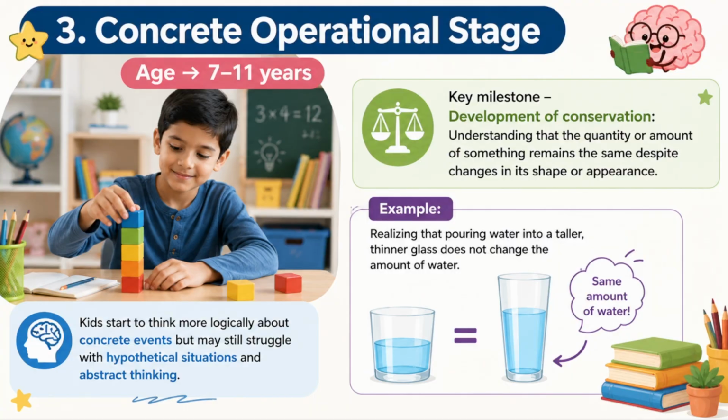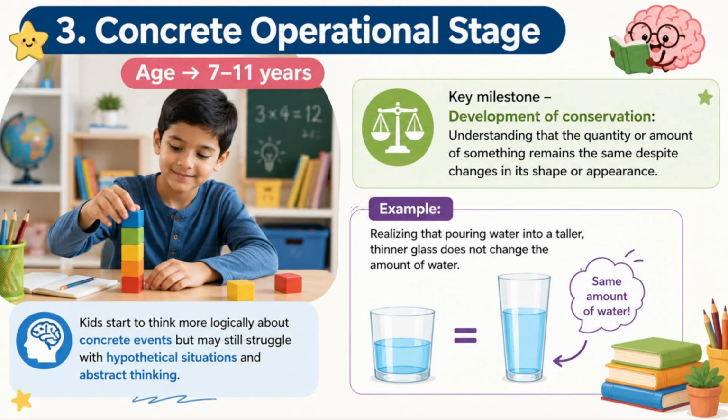The third stage is concrete operational stage from the age 7 to 11 years. In this stage, kids start to think more logically about concrete events but may still struggle with hypothetical situations and abstract thinking.